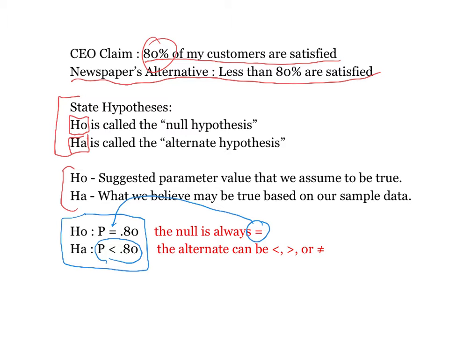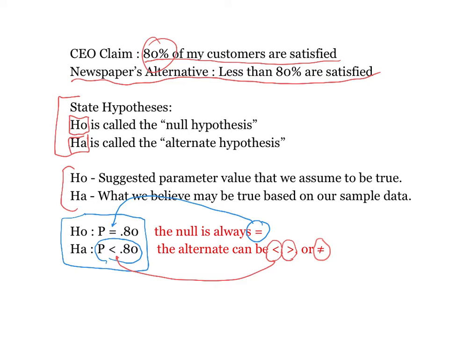So we write capital P is less than 80%. Now, the alternate could be any of these three symbols. It could be less than, it could be greater than, or it could be not equal to, okay? And all of those are dependent on the question at hand. And you'll be able to tell just by reading the question what they want the alternate to be, okay? It's pretty obvious in this case because the question said, does this show evidence that less than 80% are satisfied?